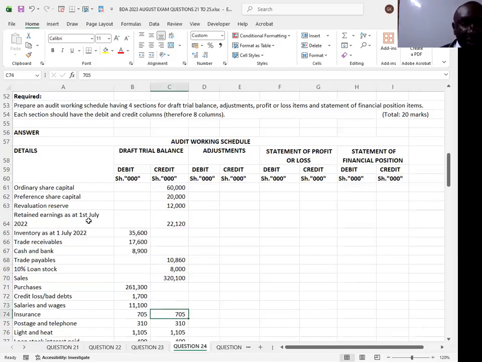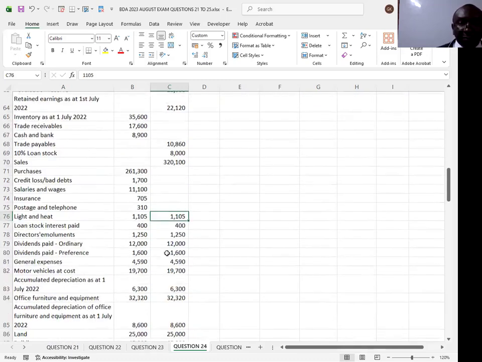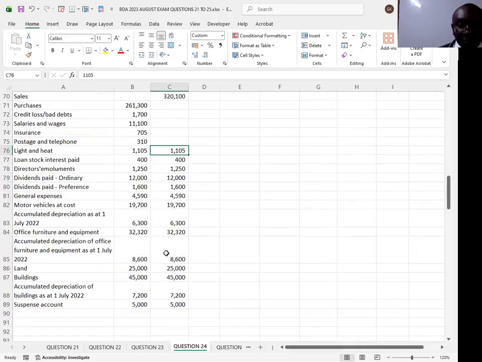Insurance, they have just said insurance. That is also an expense, debit. Postage and telephone. Yeah, we debit. Rent and heat. We debit. Loan stock interest paid.